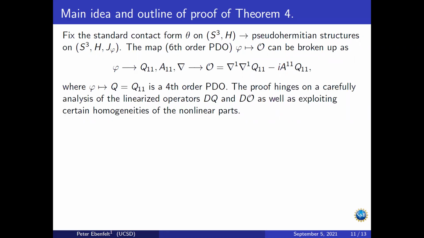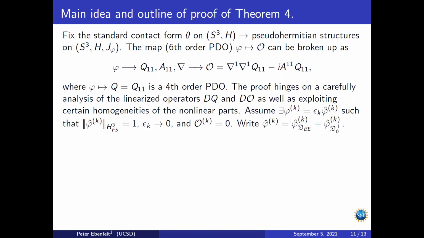Okay, so for the proof, you have to carefully study the linearized operators that give you Q. Again, I've dropped the tensor indices on Q and the linearized operator for the obstruction function. The qualitative thing you need about the nonlinearities are certain homogeneities, and I will mention that when we come to it.